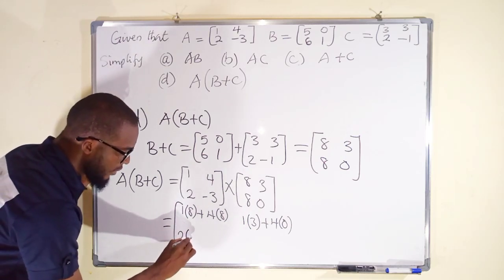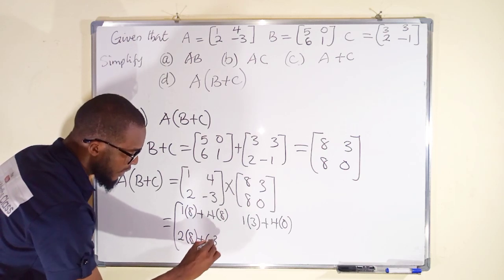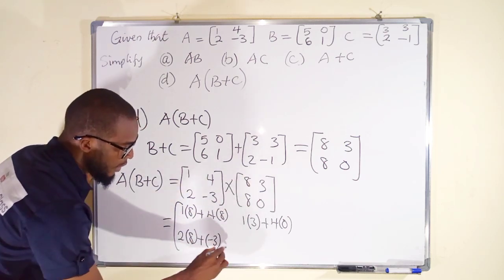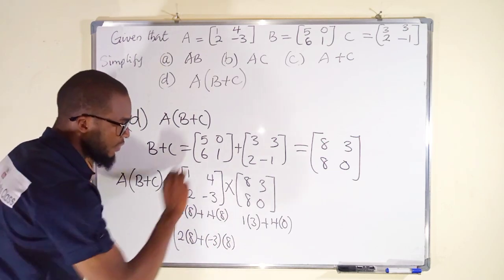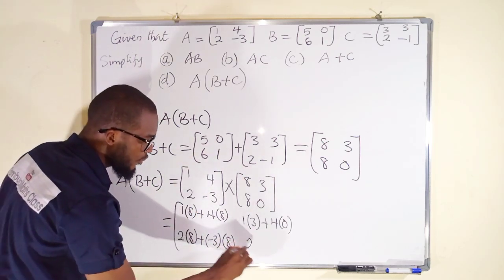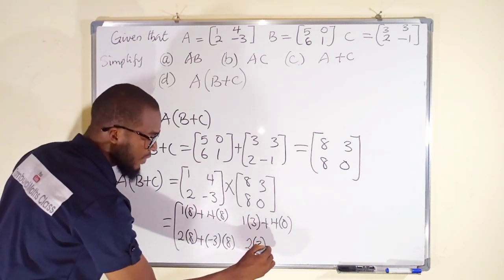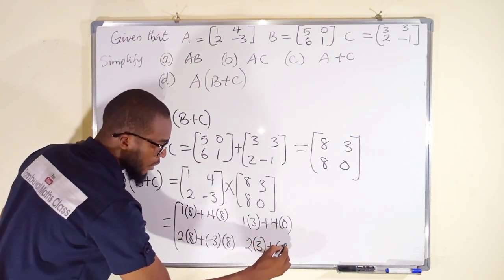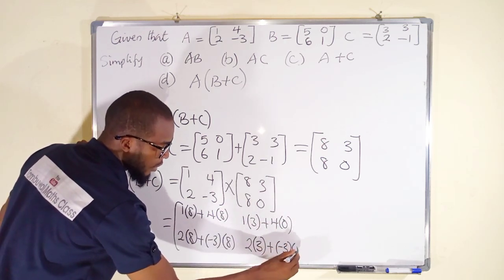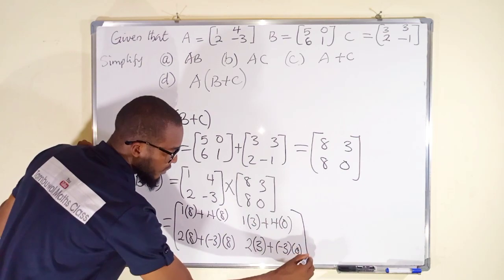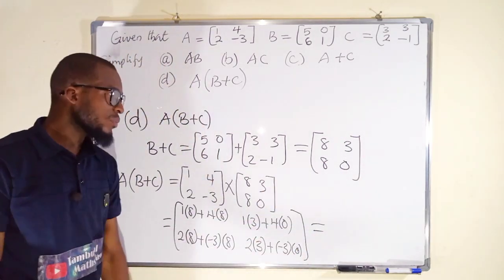We have 2 times 8 plus -3 times 8. Then you take the other column, you take this 2 multiplied by 3, and -3 multiplied by 0. You close, simplify, and obtain your final answer.